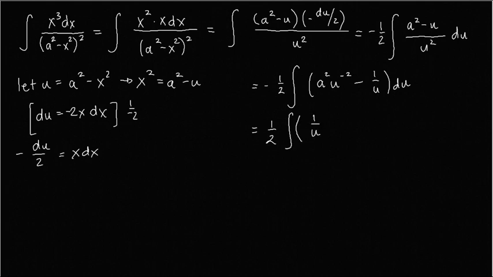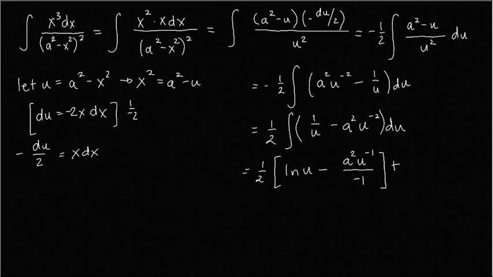So this is 1 over u minus a squared u raised to negative 2 du. So we have 1/2 times the integral of du over u is ln of u, minus a squared is constant, then this is u raised to negative 1 over negative 1 plus c. This will make 1/2 times ln of u plus a squared over u plus c.